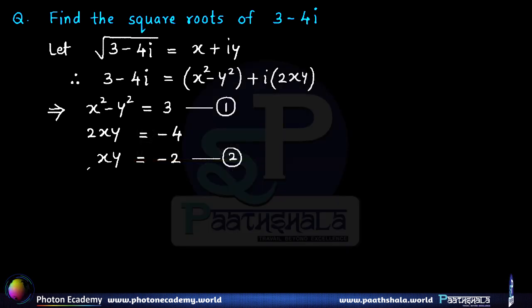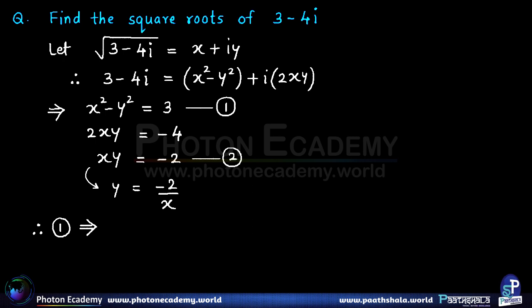For that, from equation 2, let us obtain the value of y in terms of x, which is minus 2 by x, and let us substitute this value of y in the first equation, so that we will have an equation entirely in x, which gives us x square minus, now y square, since y is minus 2 by x, y square is 4 upon x square, equal to 3.